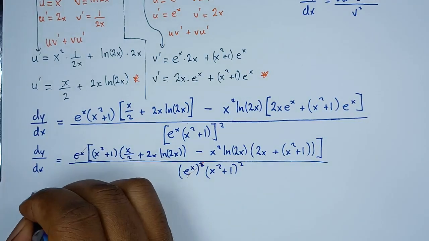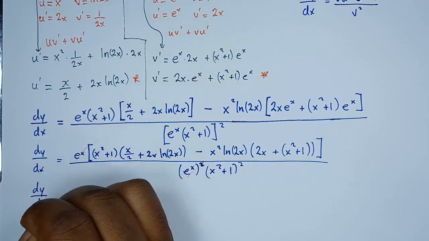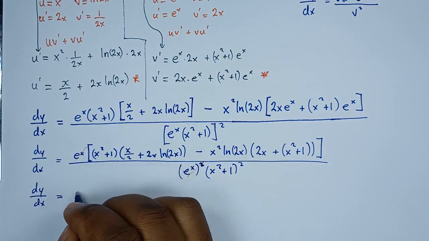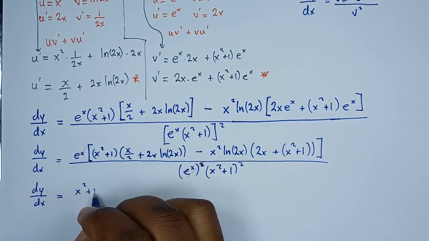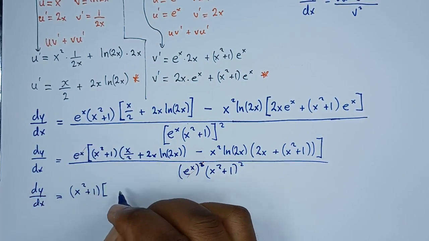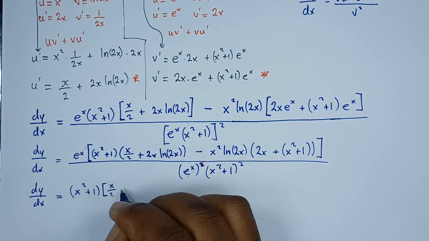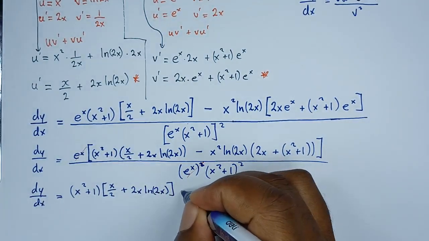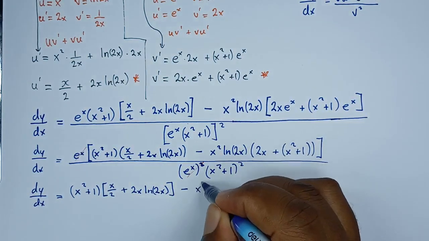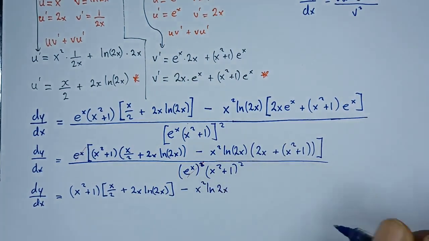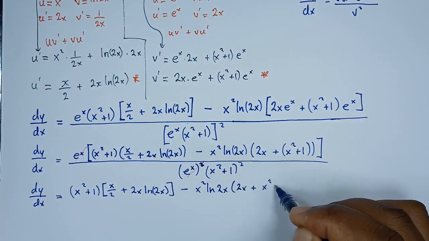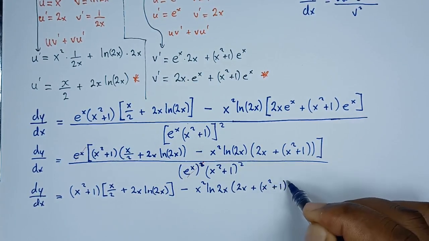So our final expression, we can write it as dy dx is equals to, so what do we have here? We have x squared plus 1 brackets. We have another bracket here, which is x over 2, no need of expanding, plus 2x ln 2x, like that, minus what we have here, x squared ln 2x, open bracket, 2x plus x squared plus 1, like that.